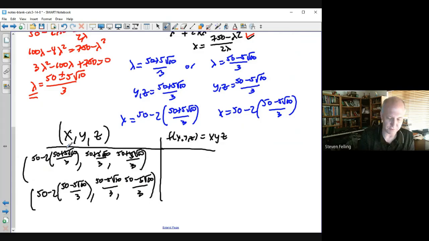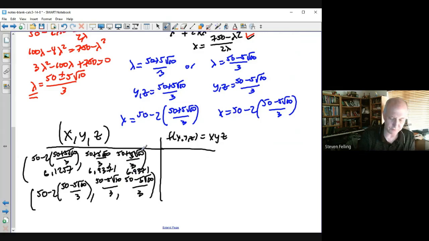Let's see, we would have then 50 minus that number. So this would be 6.1257, okay? And this would be 5 plus 5 times the square root of 10, and then divided by 3. This would be 6.9371. And this is also the same, 6.9371.